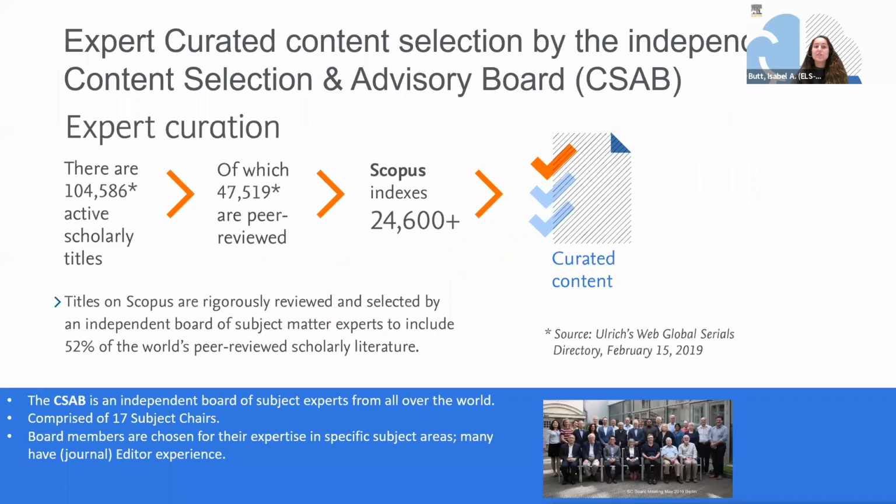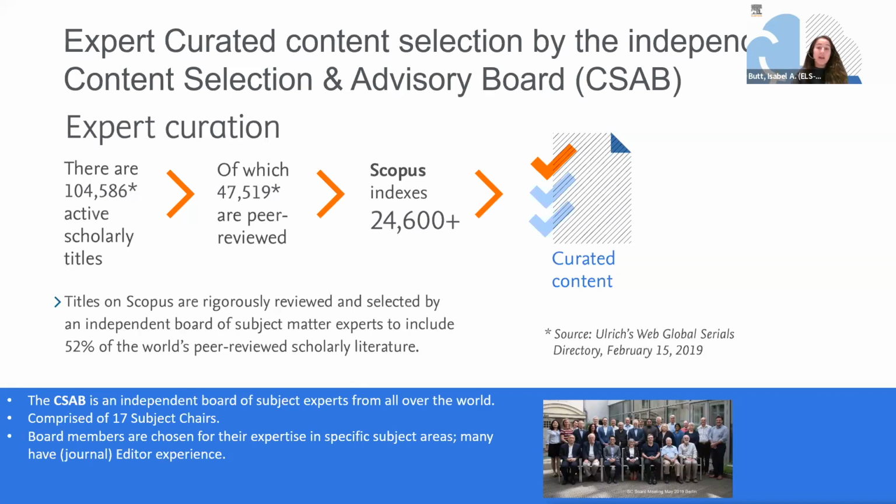The reason Scopus is a special database, and one that can be really useful, is that the content is curated. The content is selected by what we call the CSAB, the Content Selection Advisory Board. This group of independent experts comes together to talk about content curation, looks at the different titles or journals suggested, and decides which get accepted into the Scopus database.